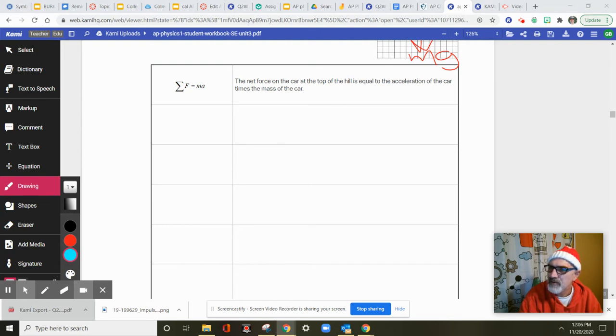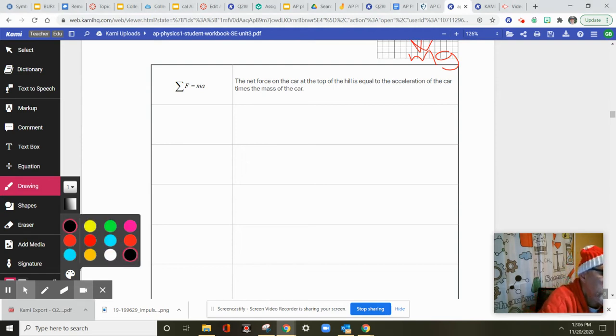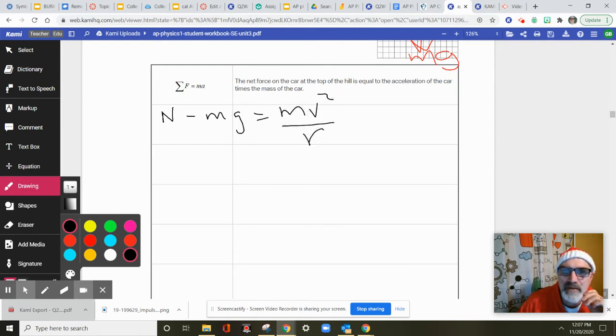So what's happening here is there are two forces exerted on the car at the top of the hill, the gravitational force and the normal force. So we have the normal force minus the force of gravity equal to what's causing the centripetal force on the car as it goes around the hill.